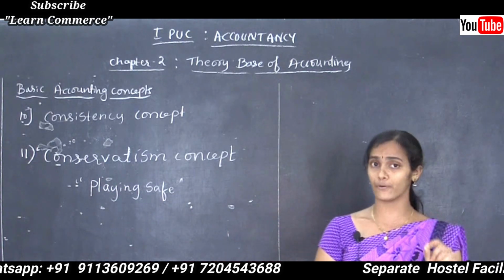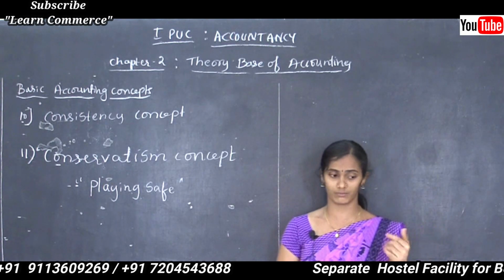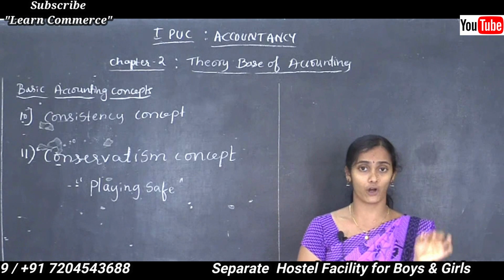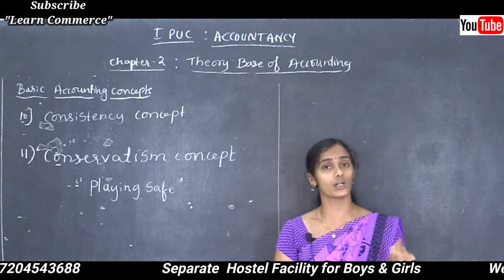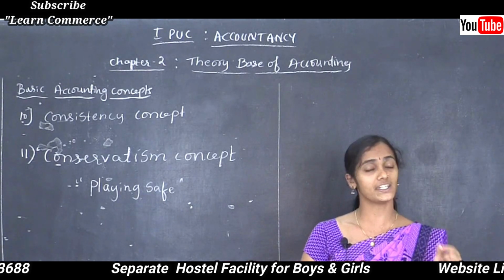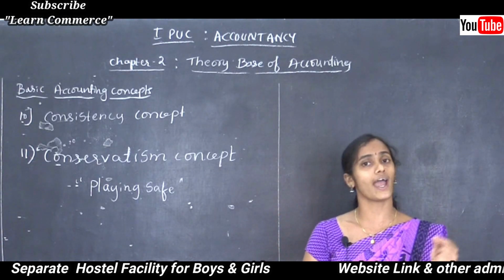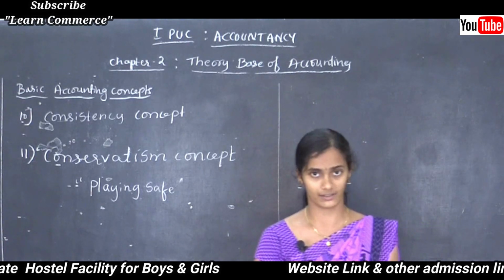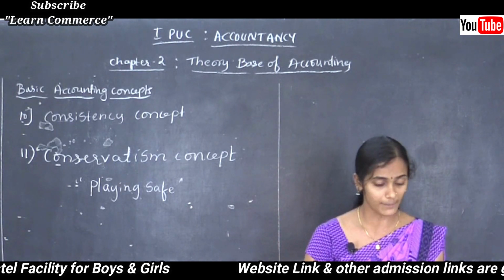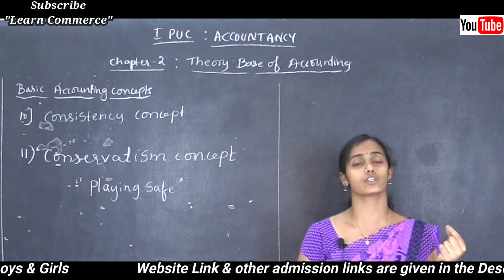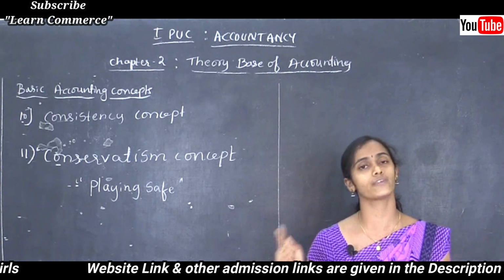Why should we not ascertain extra profit? Because if profit is ascertained more than the actual, what problem will happen? It may lead to distribution of higher dividend out of capital.